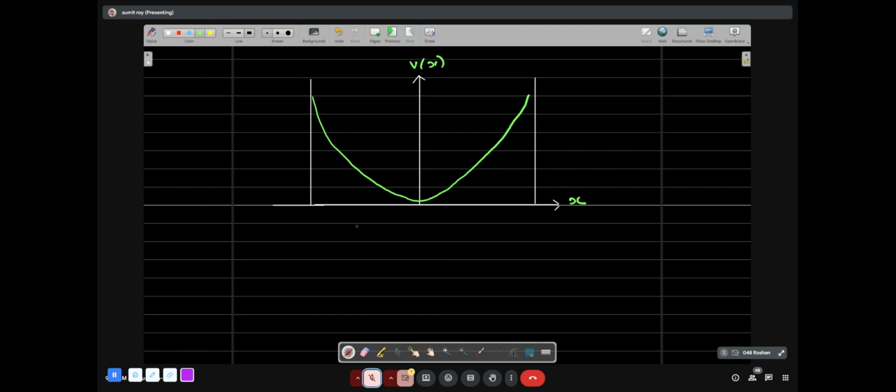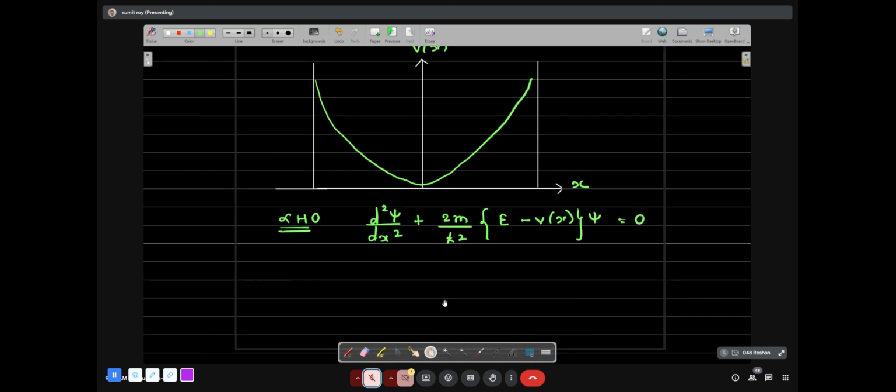Now suppose I want to write the Schrodinger equation for a linear harmonic oscillator. It is d2 psi by dx square plus 2m by h cut square, then you have E minus V of x operating on psi, which is also a function of x, is 0. Agree, everyone?